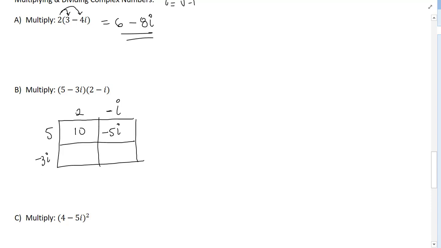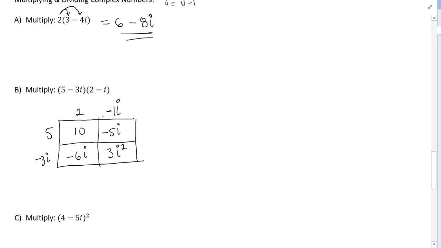Negative 3i times 2 is negative 6i, and negative 3i times negative i, a negative times a negative becomes positive. There's an invisible 1 there, so negative 3 times negative 1 is positive 3, and then i times i is i squared.